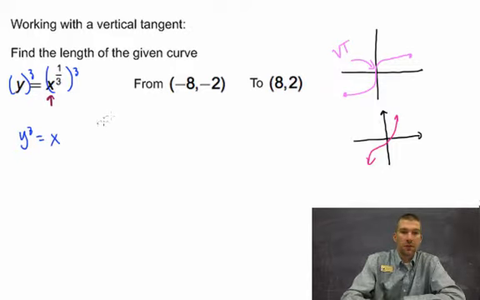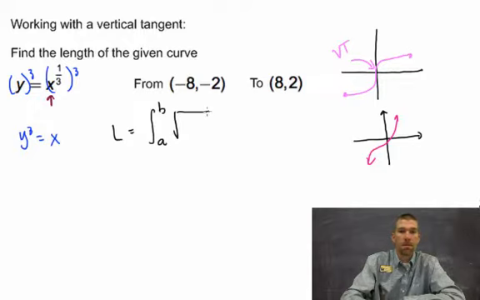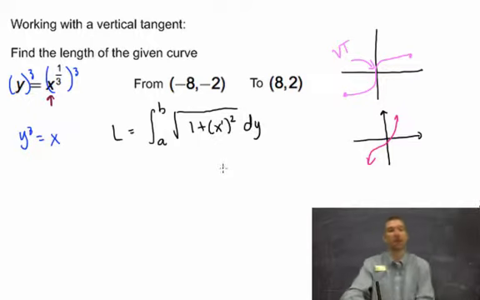So use your rules. We know that the length of the curve is the integral from a to b, which in this case now is going to be the coordinates on the y-axis of the square root of 1 plus x prime squared dy. Okay, that's the only difference.